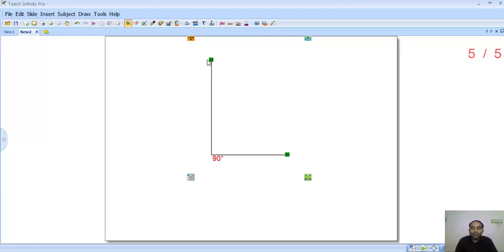If it goes above 90 degrees, what will we call that angle? It will be called an obtuse angle. All the angles which are greater than 90 degrees will be called obtuse angles. Now look here, this is 91 degrees, an obtuse angle.